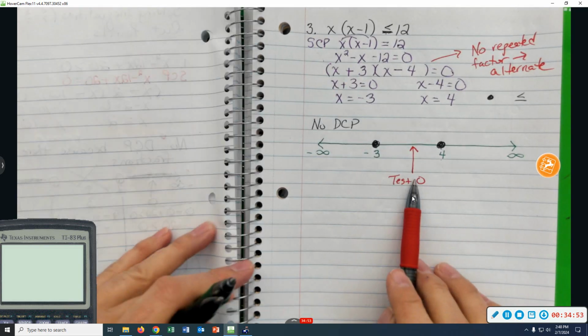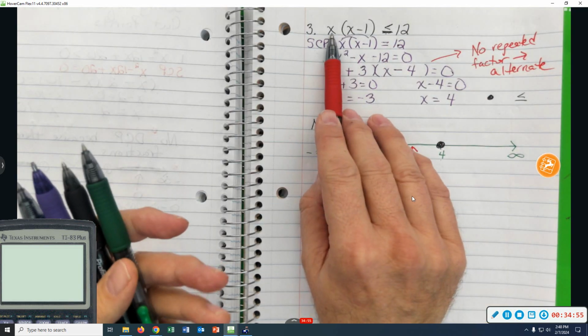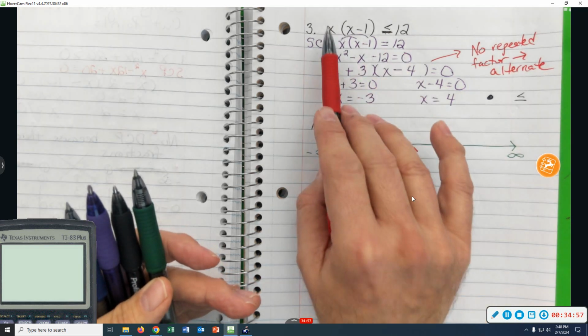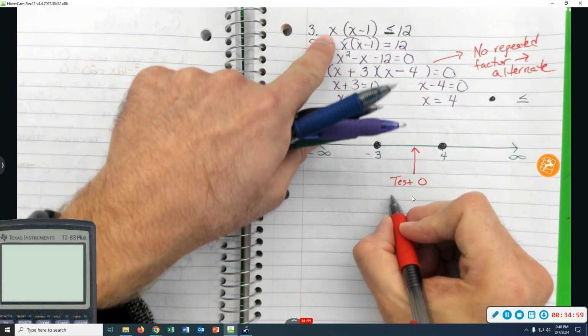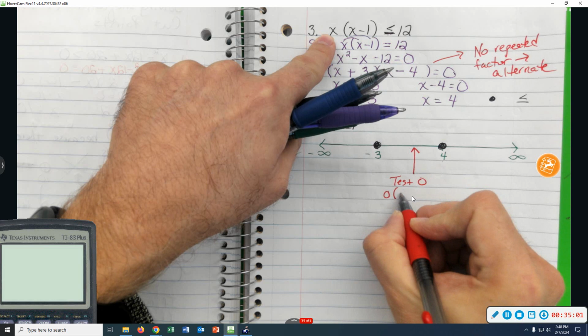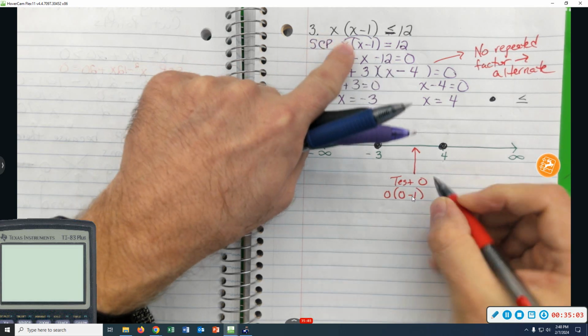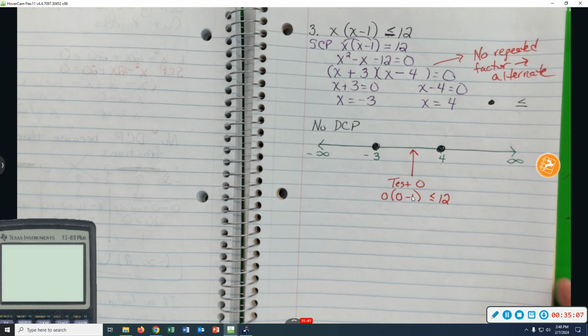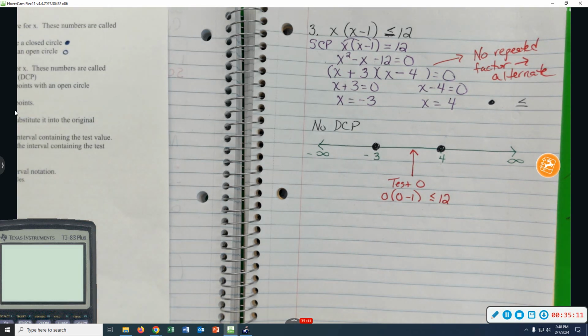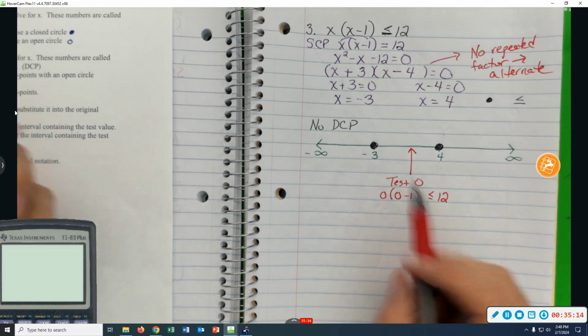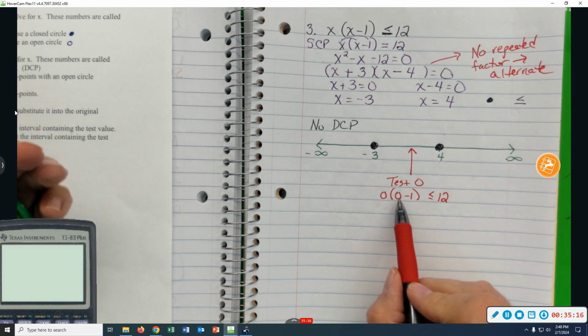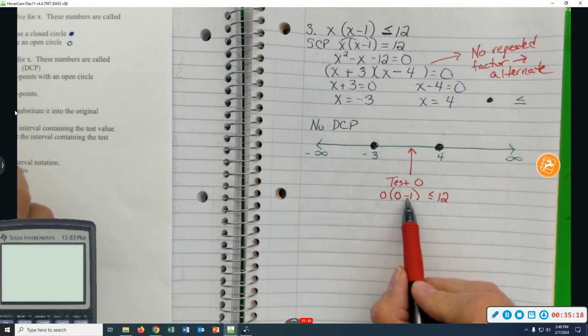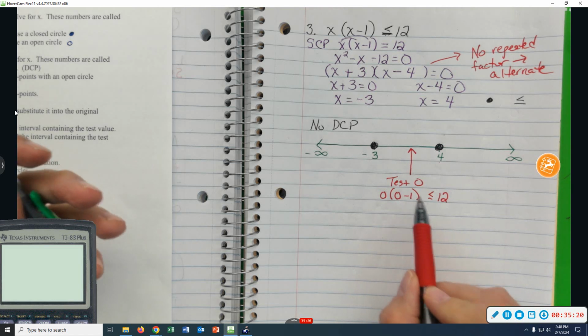So I'm going to test 0 by plugging it into the original problem. In place of the x, I'd have a 0. Then 0 minus 1 is less than or equal to 12. Let me move this cursor. Well, 0 minus 1 is negative 1.